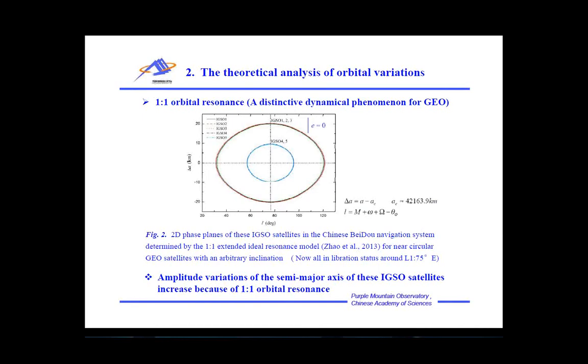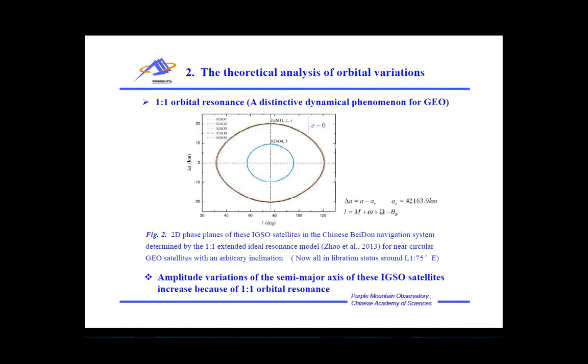We start with theoretical analysis. For conventional GEO satellites, one of the dynamical phenomena is one-to-one orbital resonance. This figure 2 shows 2-dimensional phase planes of these IGSO satellites.